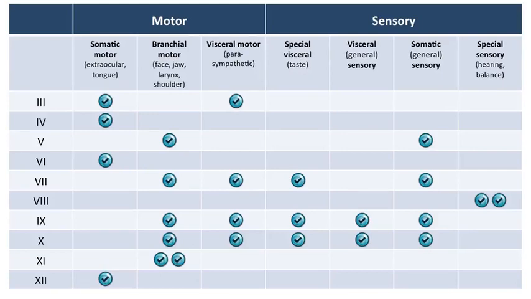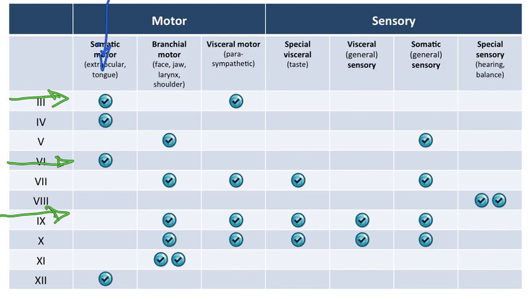All right, so there are a couple of dimensions in which I would hope that you would use this table in your studies. We've been emphasizing the horizontal dimension, that is, looking one nerve at a time, thinking about what are the various components that we would find in that nerve. So that's one way to approach using this table. Another would be the vertical dimension, and that is to think about, okay, what are the somatic motor components in the brainstem?